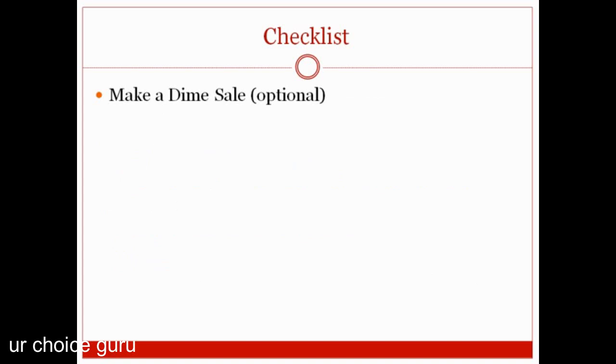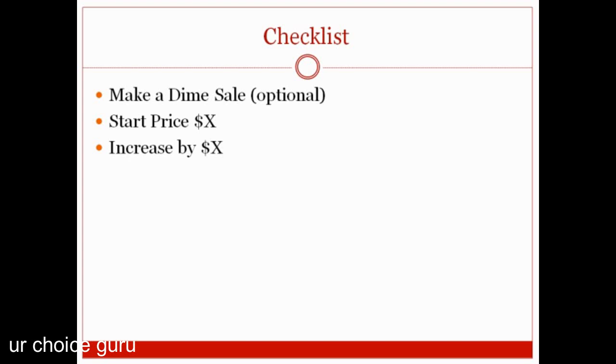That could mean more sales to you, so definitely want to check that box. If you do want to make a dime sale, and of course if you don't, you can always fast forward to the next slide. But if you want to make a dime sale, which basically means that you start at a lower price and then every time somebody buys, it increases a certain amount until it hits a maximum price. So you're going to need to know the starting price.